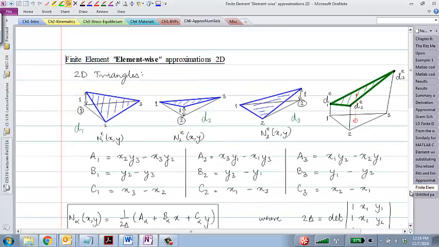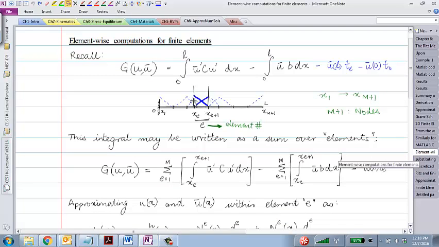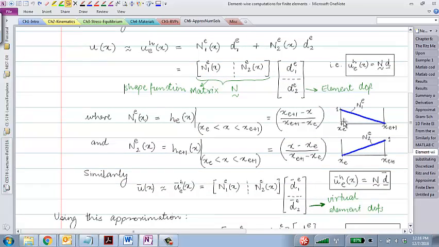And finally, let me give you an idea of what these functions are. For a triangular element, just like we had for the element-wise computation, if you look at each element in 1D, there are two shape functions, essentially one for each of those nodes. The function which goes to 1 at node 1 goes to 0 at node 2, and the other function goes to 1 at this node and 0 at the other node.